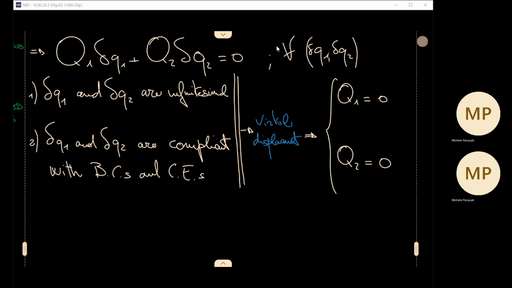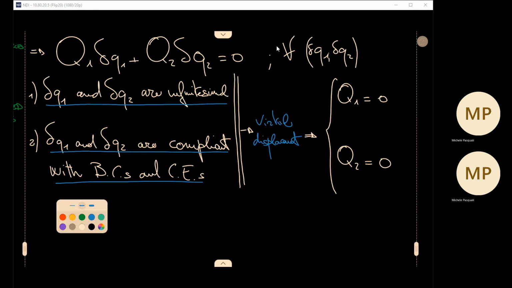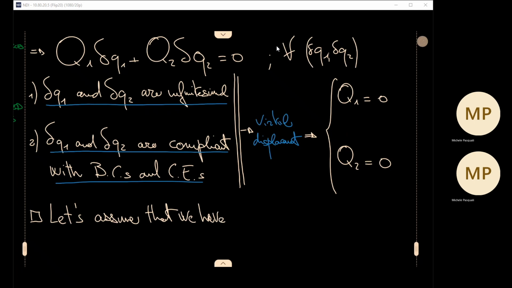So let's now assume that q1 and q2 are not linearly independent. Okay. So that there is a constraint equation relating, associating, linking q1 and q2. Let's assume that we have a constraint equation relating q1 and q2.